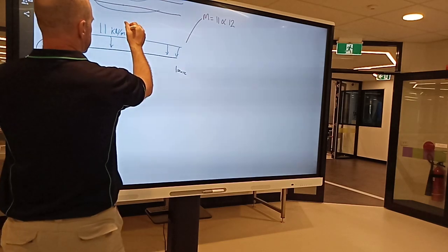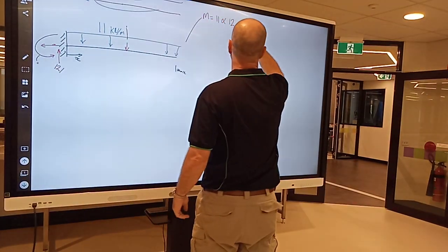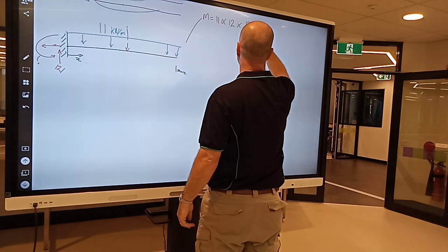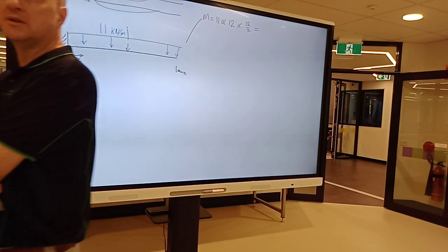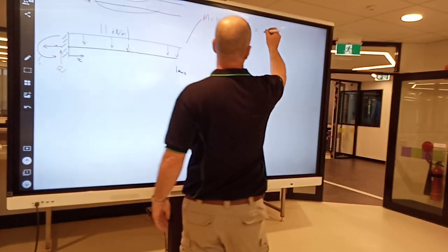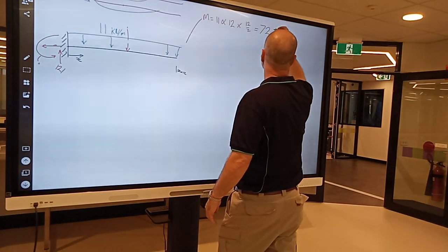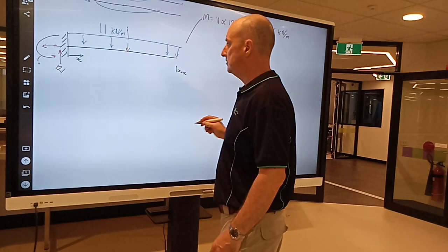And then the distance to that center of action there, which is 12 over 2, times 12 over 2. And what does that equal? So 726 kilonewton meters. All right.